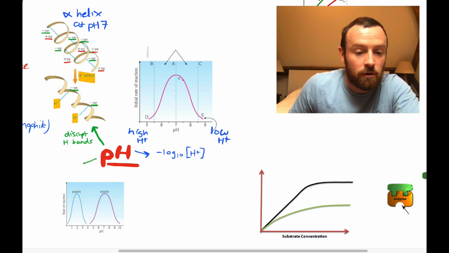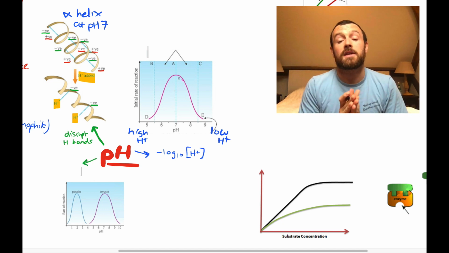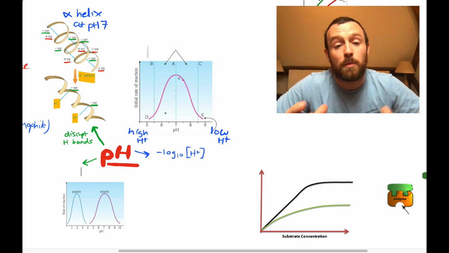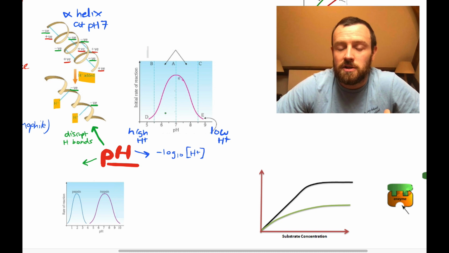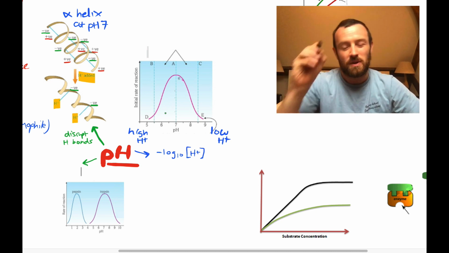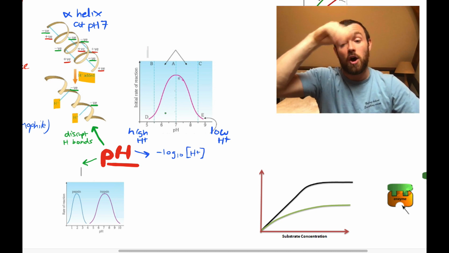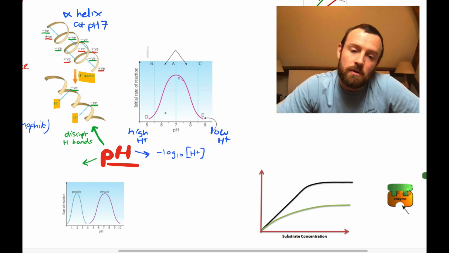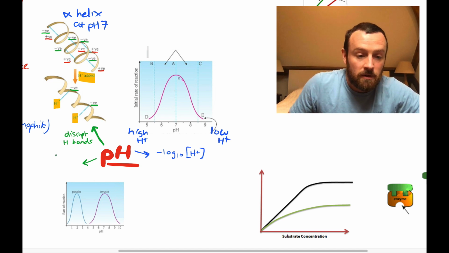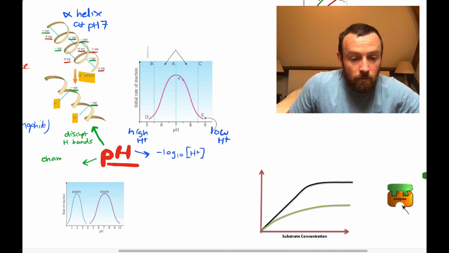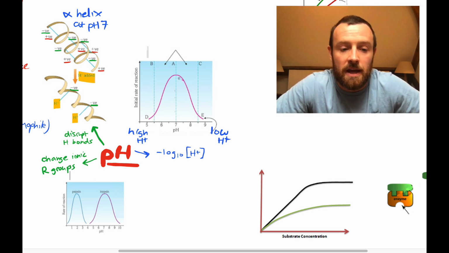Another thing pH can do is alter the R groups. Sometimes proteins have an R group that is ionically charged. For example, they may have a carboxyl group, so C double bond O, and then another O over here. So hydrogen ions can change the ionic R groups and alter the ionic interactions.